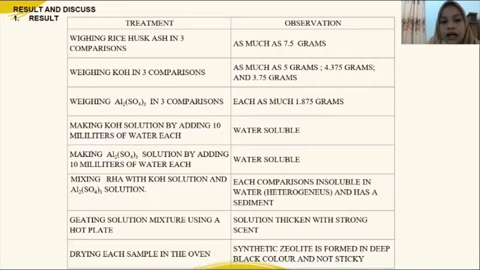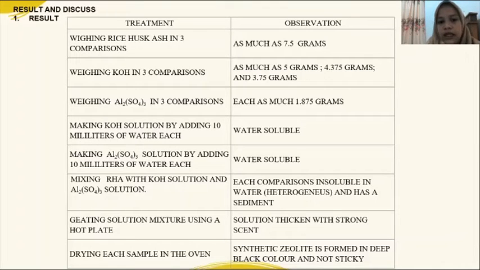Weighing aluminum sulfate in 3 comparisons, each as much as 1.875 grams. Making KOH solution by adding 10 milliliters of water each. Water soluble. Making aluminum sulfate solution by adding 10 milliliters of water each. Water soluble.